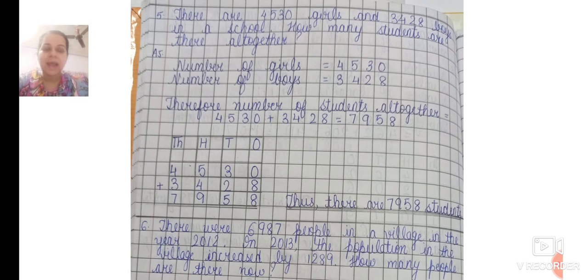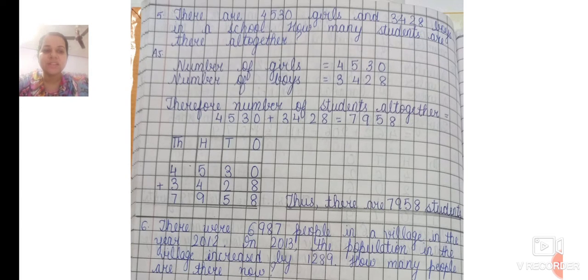You will add the numbers. When you add the numbers, you get 7958. So what will you write? We have to find the total number of students. So you write, thus there are 7958 students. This is the way you will solve the sum.